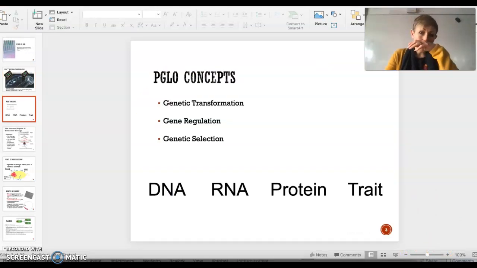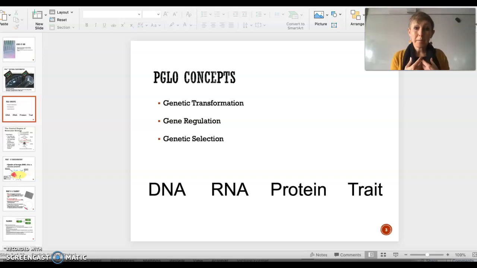Just some key ideas that you need to be familiar with. You need to understand the mechanism that we're using to transform the organism. So we're using a single-celled organism. Bacteria in their single-cell form are a whole organism themselves, and we're going to transform that organism. The advantages of using bacteria are that they have a very short life cycle, and we can introduce plasmids quite easily that carry the gene.